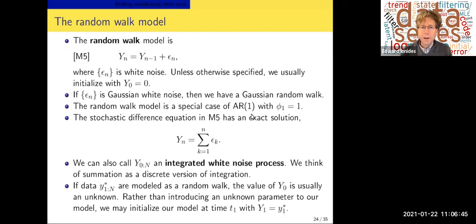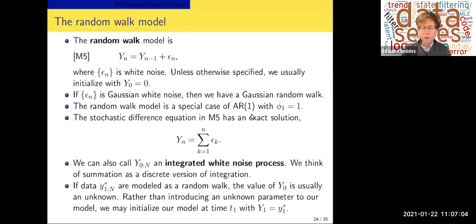And there's an exact solution. If you have initial value y0 is 0, then yn is just the sum of the epsilon k's from k is 1 to n. So it's a cumulative sum of a random walk.